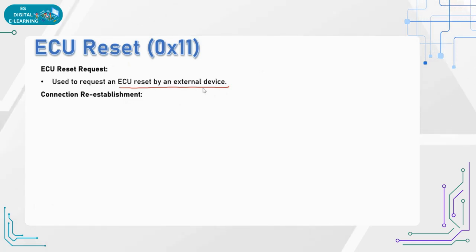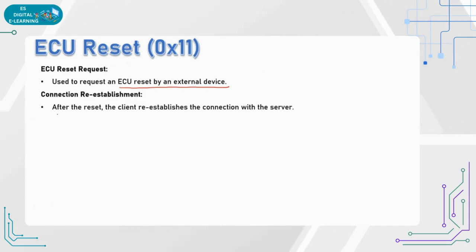Okay. So when you do the reset, what will happen? It will do the connection re-establishment. Write down: after the reset, the client re-establishes the connection with the server. So the client and server will reconnect again after the reset.